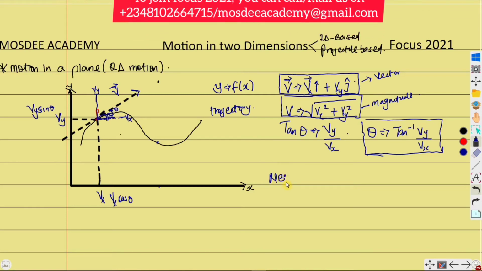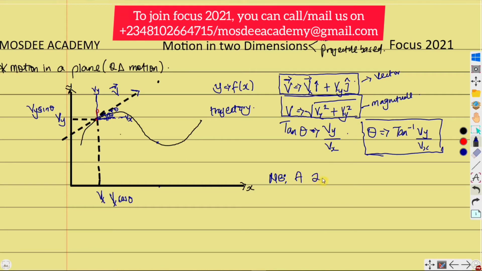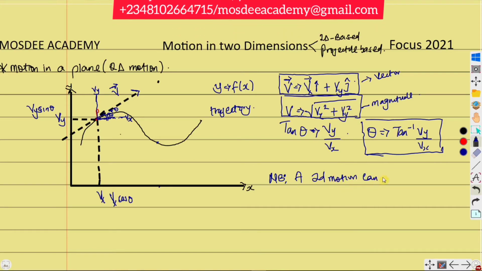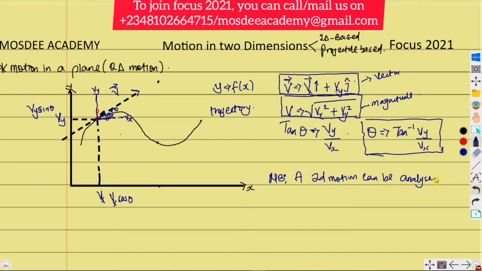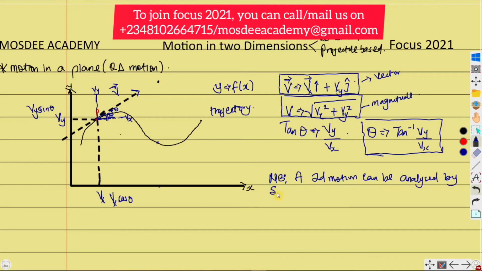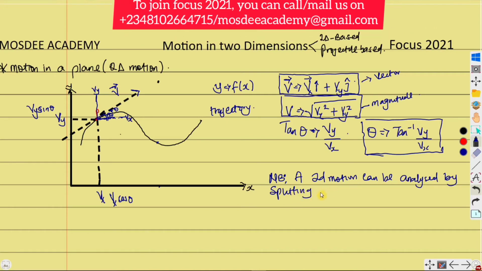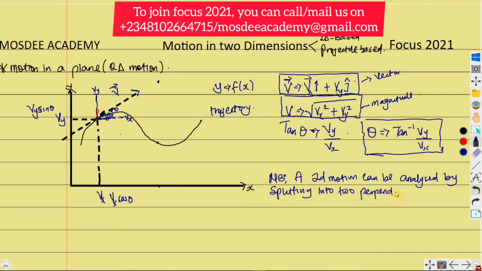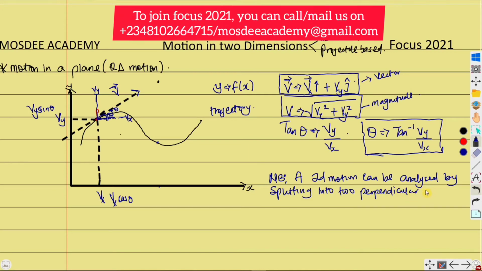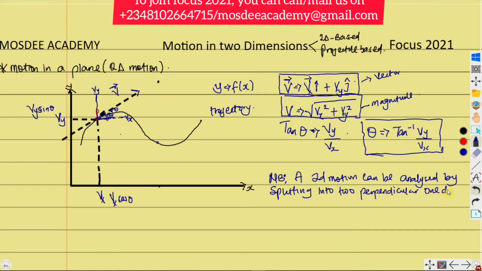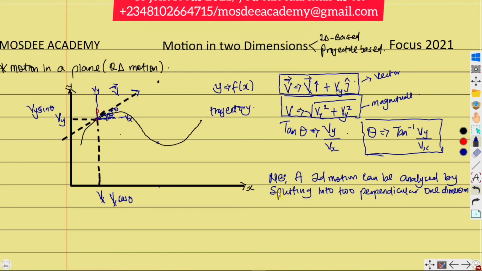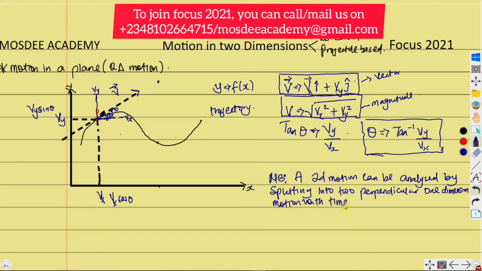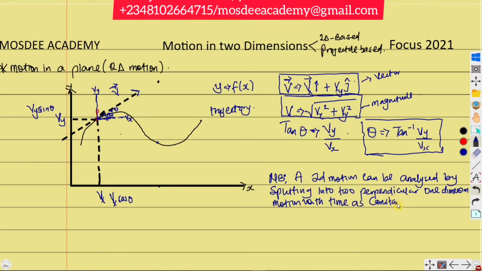You can just keep in mind this note: a 2-dimensional motion, a 2D motion, can be analyzed by splitting into two perpendicular 1-dimensional motions with time as constant.